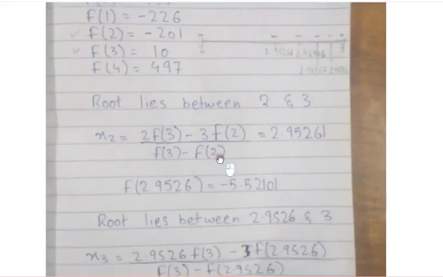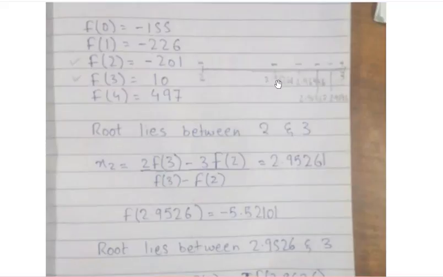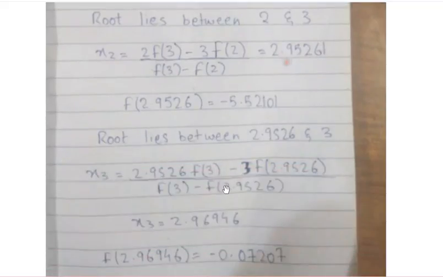Again we apply the formula. We know the root lies between 2.95261 and 3. Again we apply the formula, which will be 2.95261 into f of 3 minus 3 into f of 2.95261 upon f of 3 minus f of 2.95261.